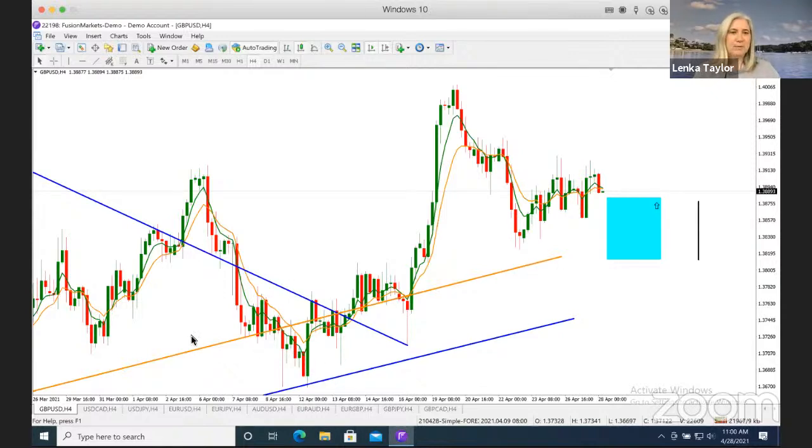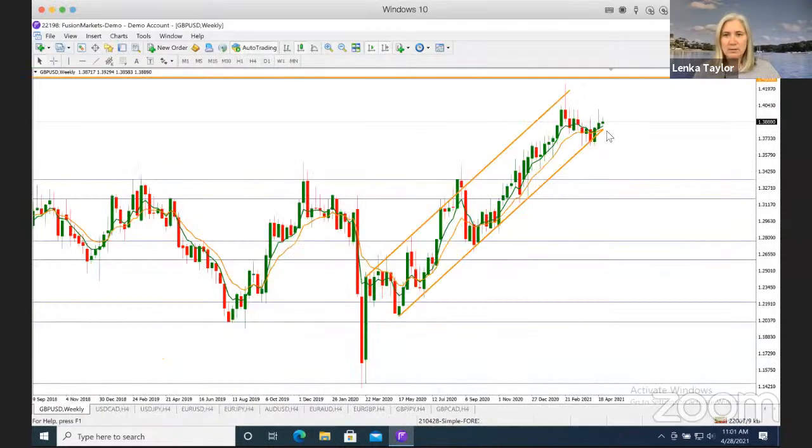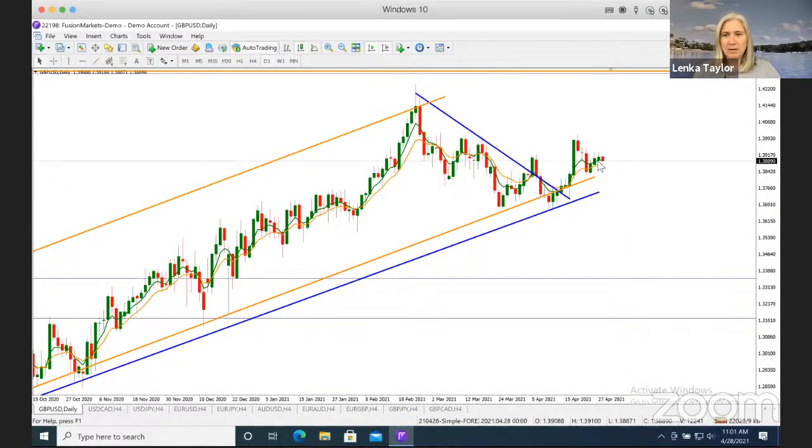We'll have a look. All right, we're starting off with GBP USD. So this one is in that channel. I'm still looking for a long at this point in time. On the daily as well, I'm still going up.